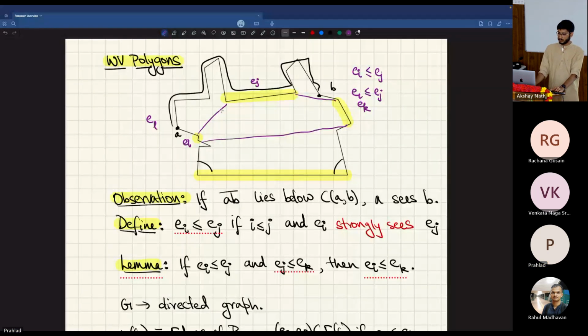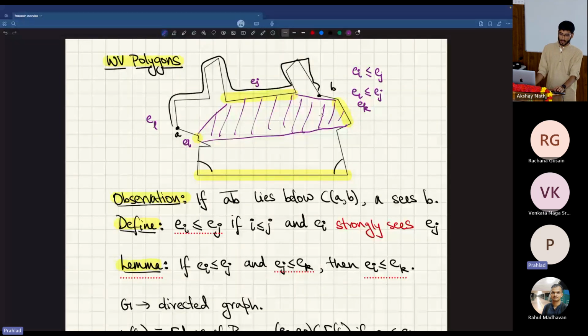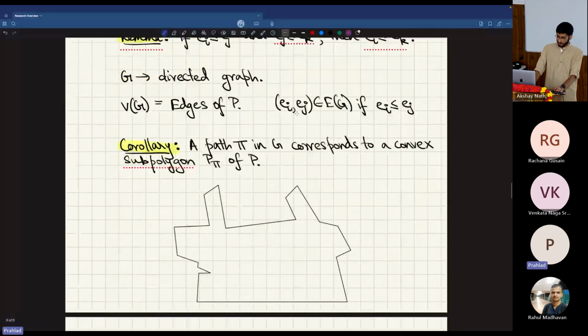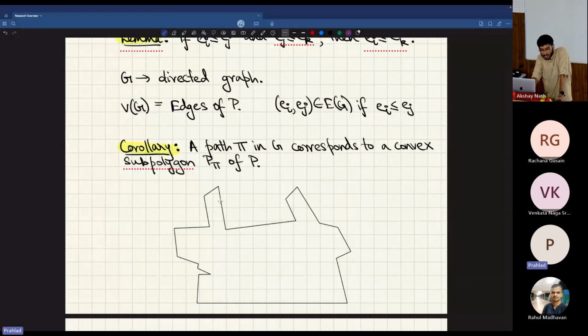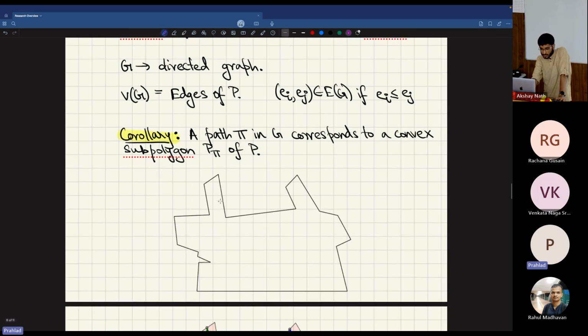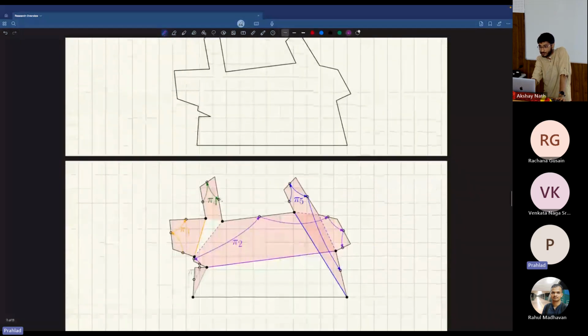This is my convex polygon, right? So if you have a path, you have a convex polygon here. So a path in G corresponds to a convex subpolygon in P. And therefore, we would expect a path cover in G to correspond to a convex cover in P. Unfortunately, the math gods don't like us, and that doesn't happen.